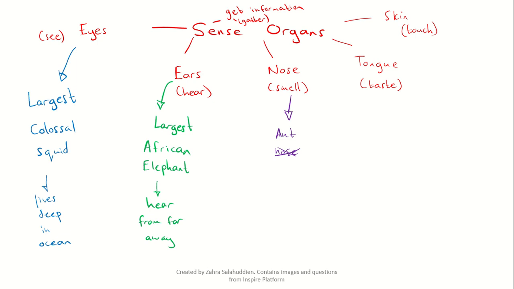They have something called an antenna. So remember, antenna. And they use the antenna to smell. So ants use an antenna to smell.